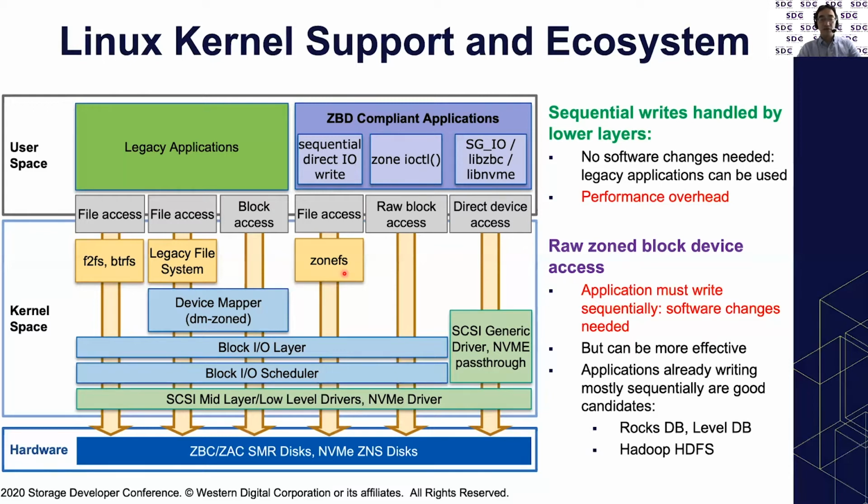With this cost of modification, the performance can be more effective, especially if the application already writes data sequentially. Such an application is a very good target to utilize zoned block devices. RocksDB and LevelDB are such applications with sequential writes. The other example of such an application is Hadoop HDFS that we are going to discuss today.